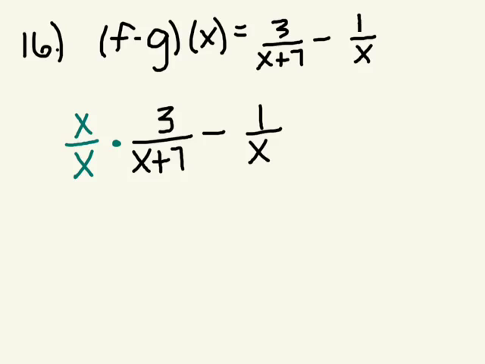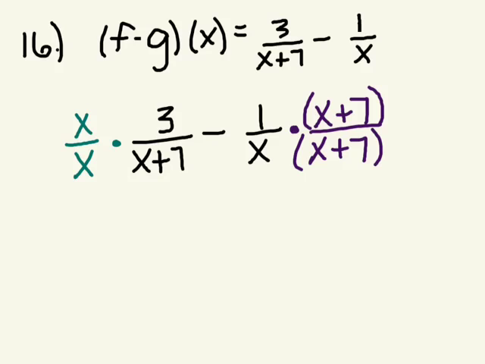To our second fraction, we multiply by the first fraction's denominator. The first fraction's denominator was x plus 7. Again, we need to do a fancy form of 1. Parentheses are helpful here, just to make sure you do legal algebra.